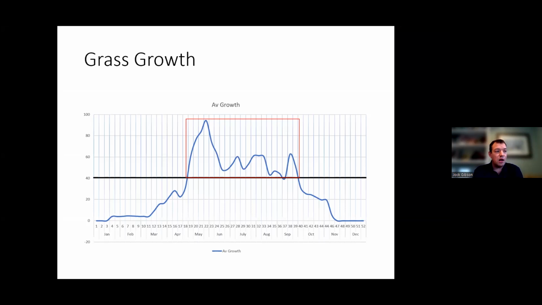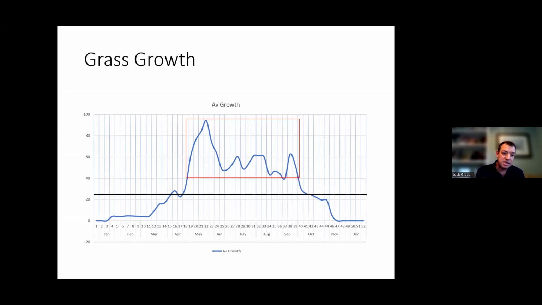So what we have managed to do over the last couple of years, through being able to take on more land and look at our stocking density, is we've been able to move our demand line down.